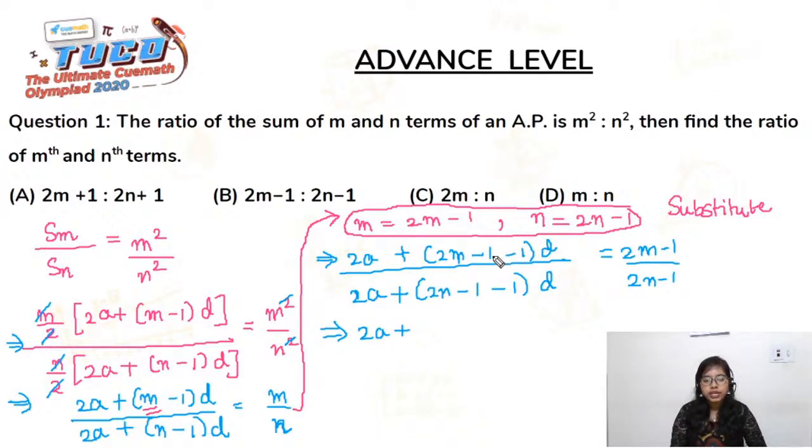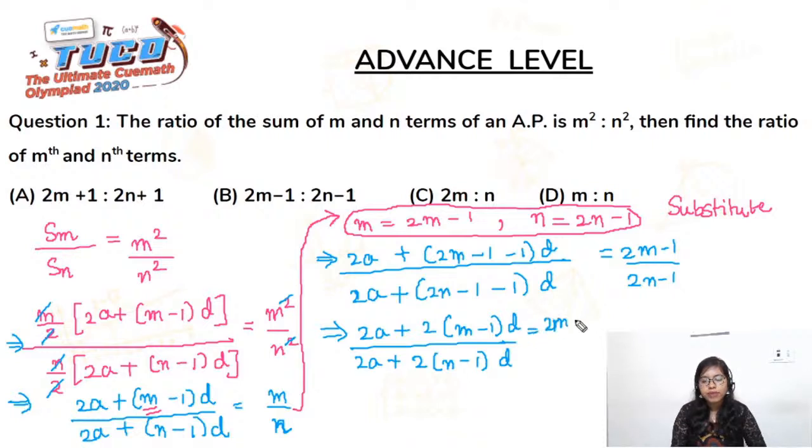Now from here, as you all could see, this could be written as 2a plus, from here I could see that 2 could be taken as a common term, right? And I could write this as m minus 1, because you would be getting minus 1, which is minus 2, and divided by 2a plus, 2 could be taken as common, n minus 1 times d, which is going to give us 2m minus 1 divided by 2n minus 1.